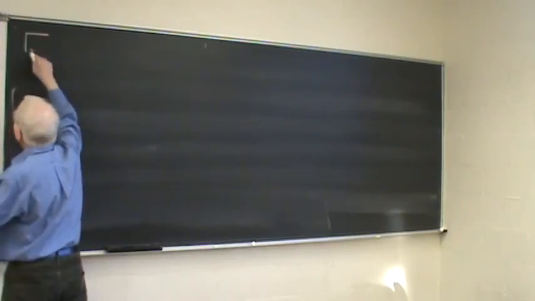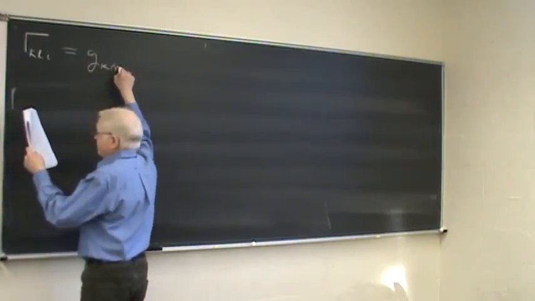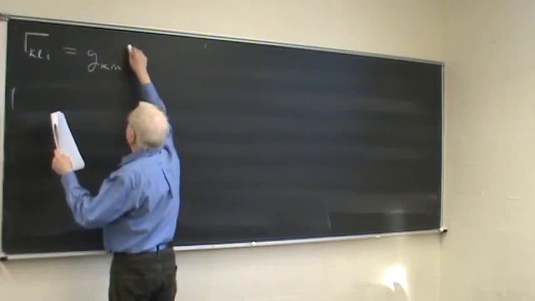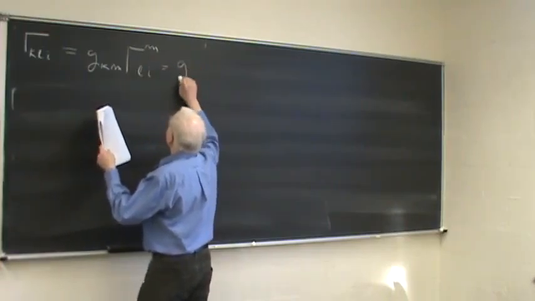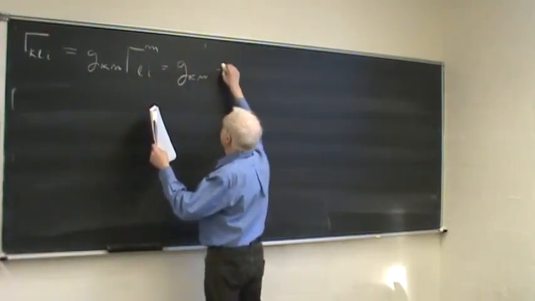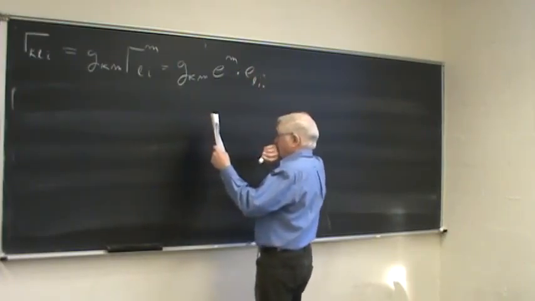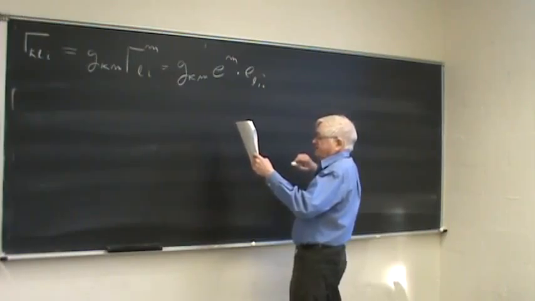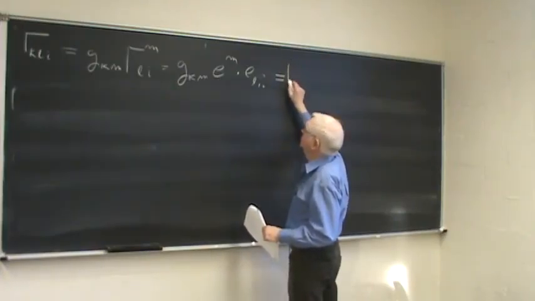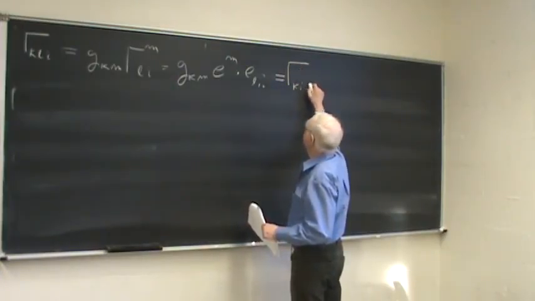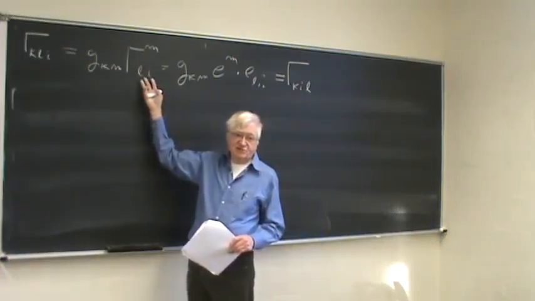So gamma_{kli} is equal to g^{km} g_{m... }, that's g^{km} e_m · e_{l,i}. And it's obvious that this is gamma_{kil}, just because these guys are symmetric.